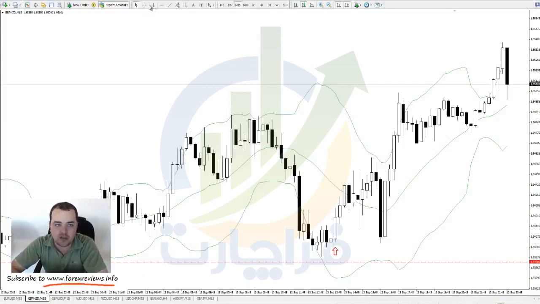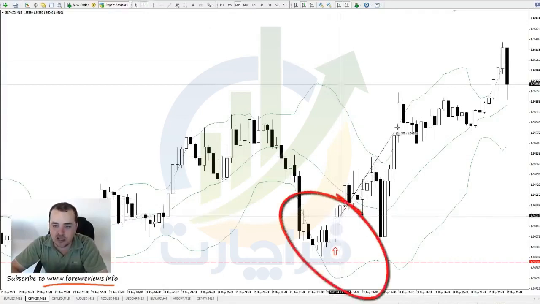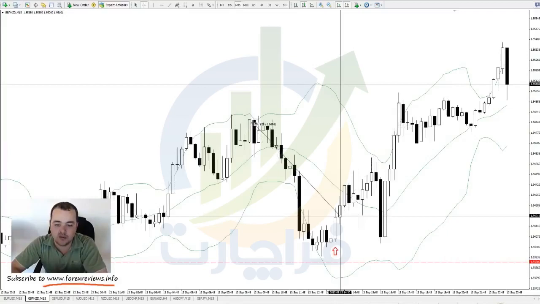Now, with this one, the GBP New Zealand, I aimed for the previous high, a little bit less. So I got just over 60 pips from what I remember on this trade. Around there. And that one went really well.